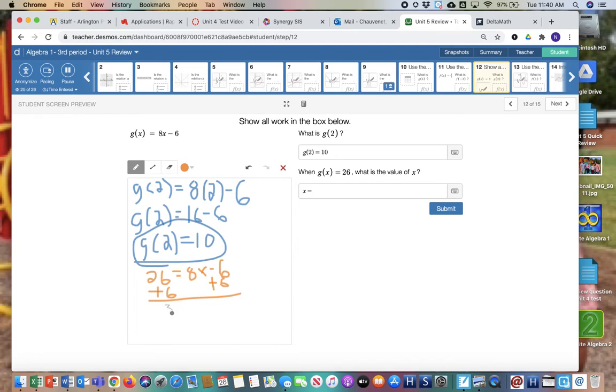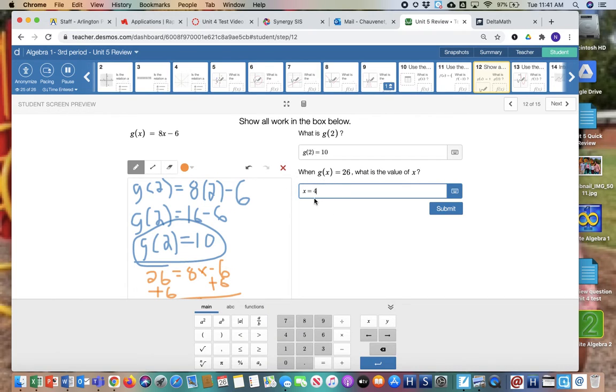I do that, and I get 32 equals 8x. I'm going to divide by 8 on both sides. And 32 divided by 8 equals 4. So it's telling me if the answer was 26, then I had to have put a 4 in. So that would mean x is 4.